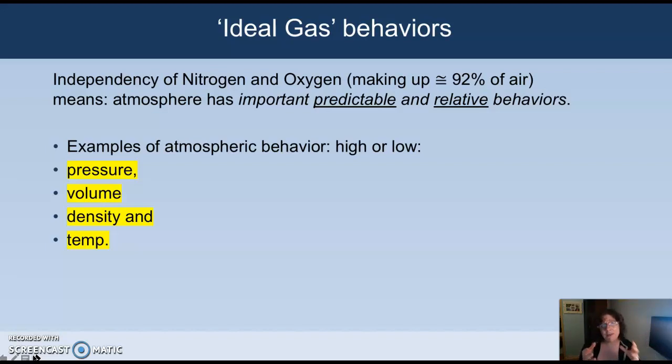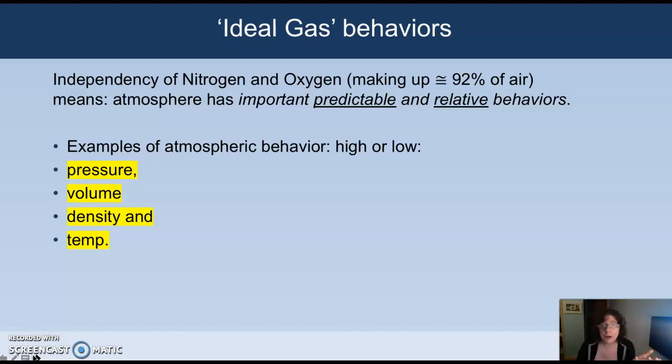And those behaviors include high and low pressure, high and low volumes of gases, high and low density of air, and a stable temperature.